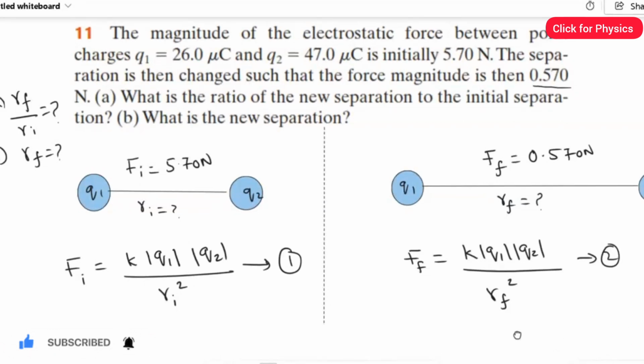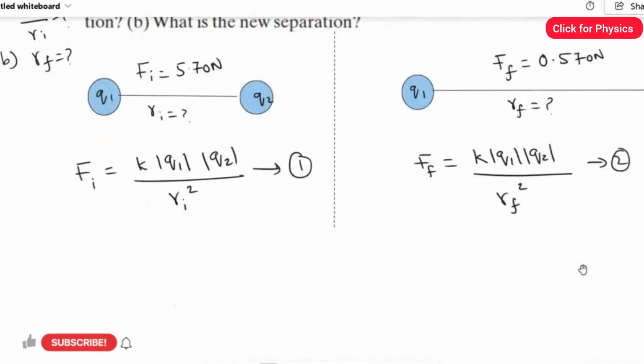Now I am going to divide the first equation by the second equation. So let's divide equation 1 by 2. That means I have to divide the left hand side and right hand side separately. Let's see what we will get.